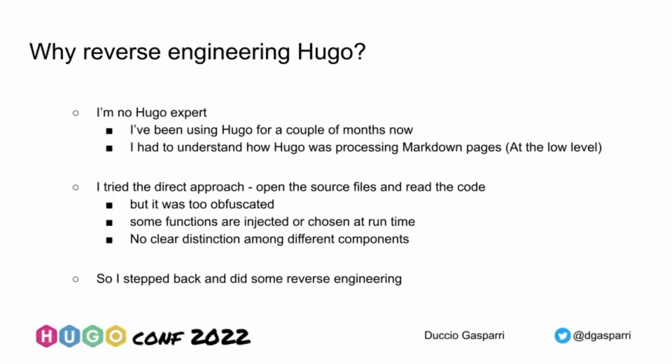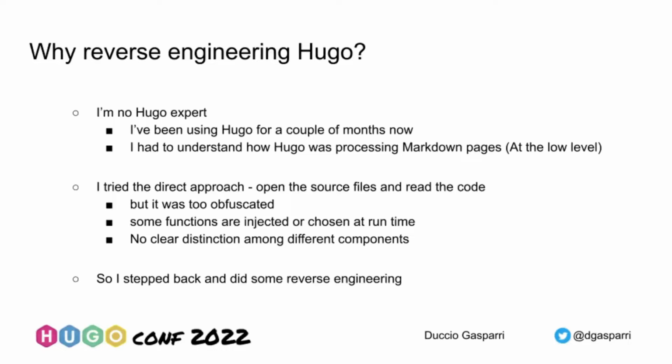But in order to do so, I had to understand how it was processing Markdown pages at the very low level. At first, I tried the direct approach. I opened the source files and read the code. But it didn't work out because Hugo code is too obfuscated.